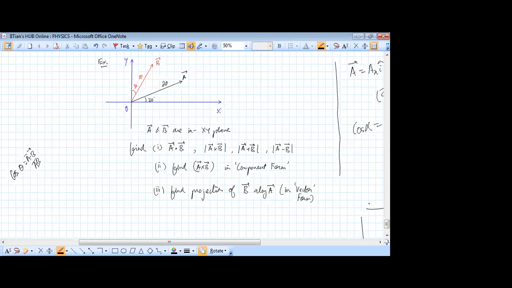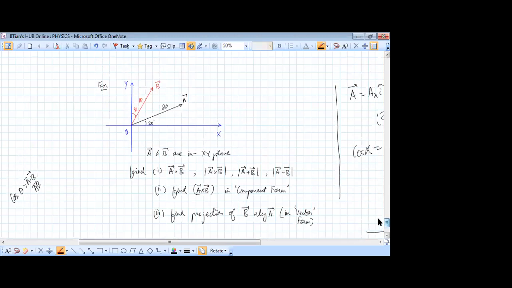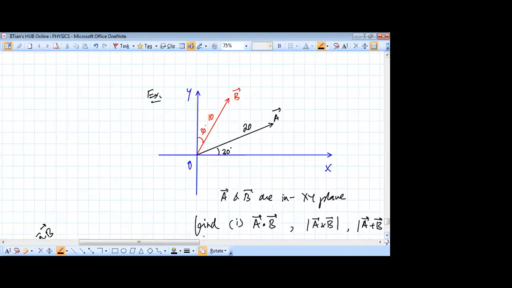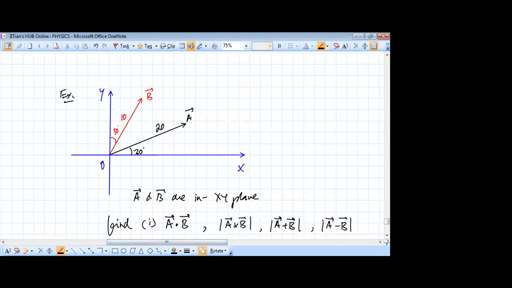Okay. So let me work out this question for everybody now. So see, the first part is pretty simple, because I know the magnitude of A and B, and I know these angles. So I also know that the angle between A and B, this theta, is 30 degrees.